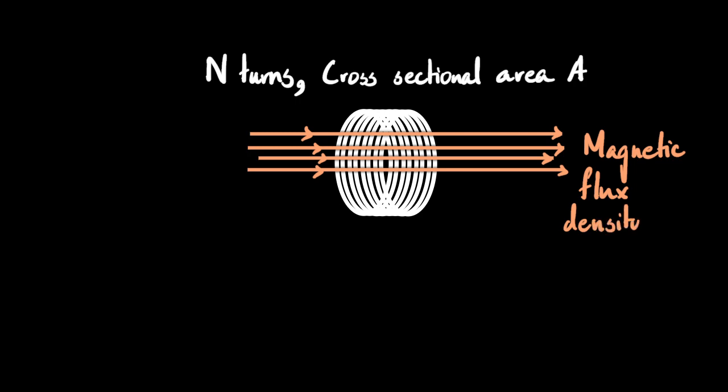So you can see that basically because of this many N number of coils, the actual effective area would also be multiplied by that much. So can I say that the effective area would be the area of one coil multiplied by the number of coils we have? And then to find the magnetic flux, in that case, I would multiply it by this magnetic flux density.